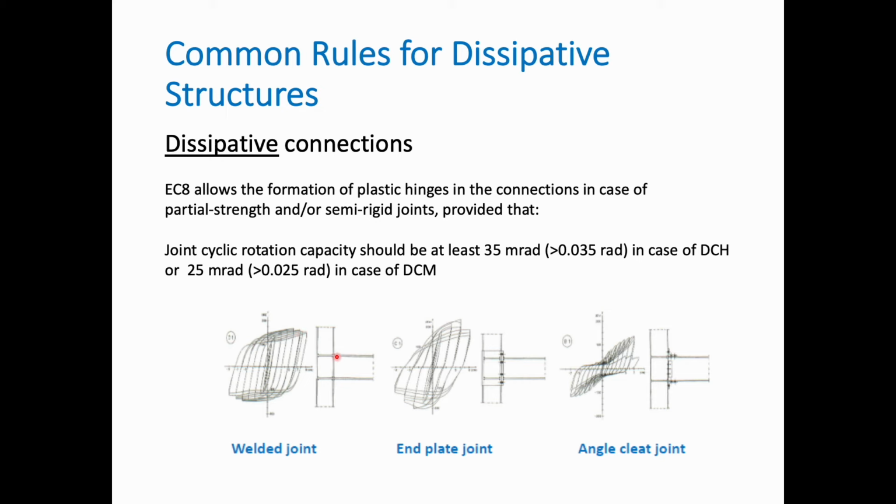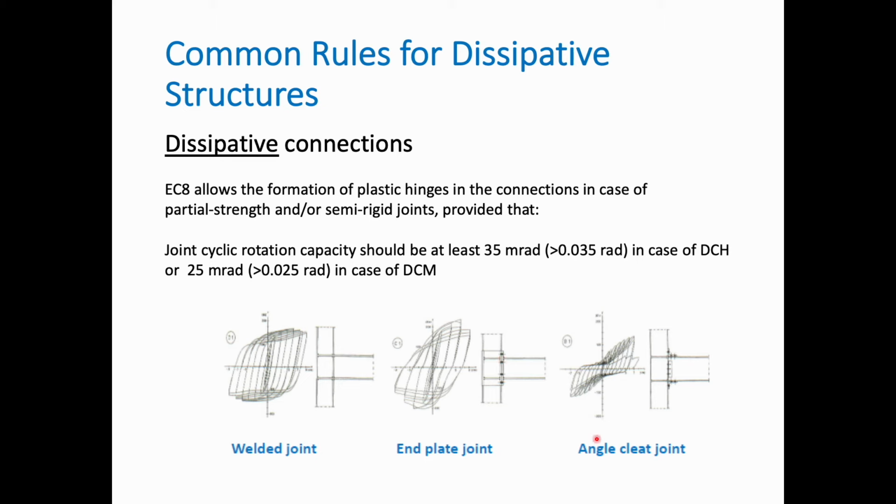In most cases, as we've learned from the Kobe and Northridge earthquakes, we may get a failure by cracking in the vicinity of or on the welding, and that is where we will fail the connection. When we have an end plate joint, again we can reach high capacity, and in most cases there is a lot of degradation because of the yielding of the bolts.